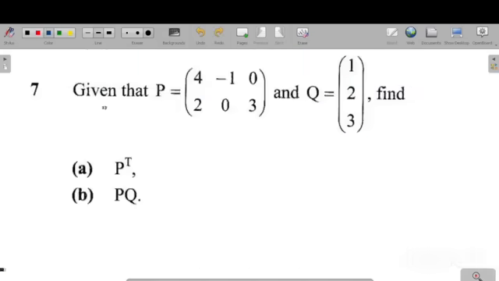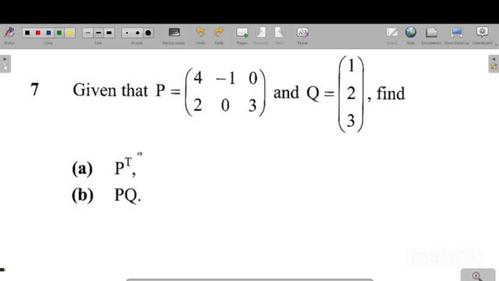All right, so number 7 says, given that the matrix P is this, and the matrix Q is that, find P to the power T. So whenever you see a matrix, in this case P, that has been raised to the power T, it means they want you to find the transpose of this particular matrix.